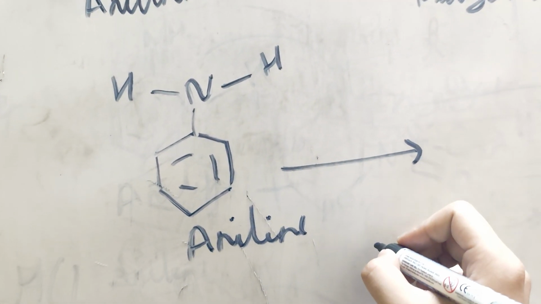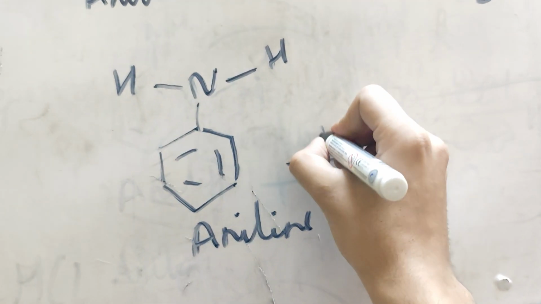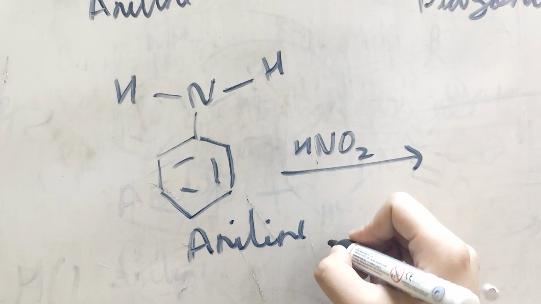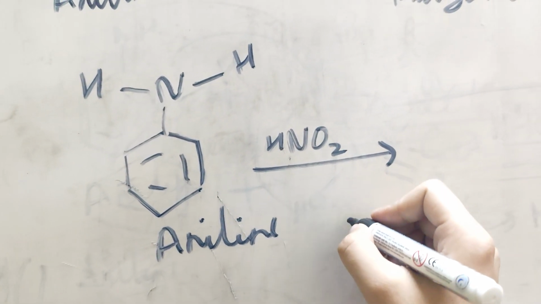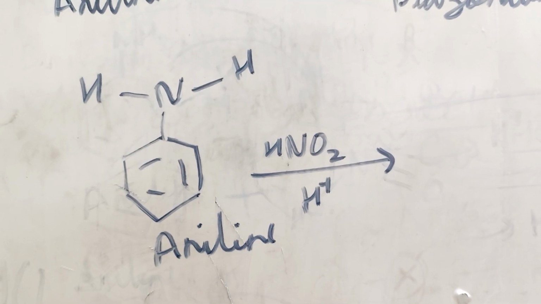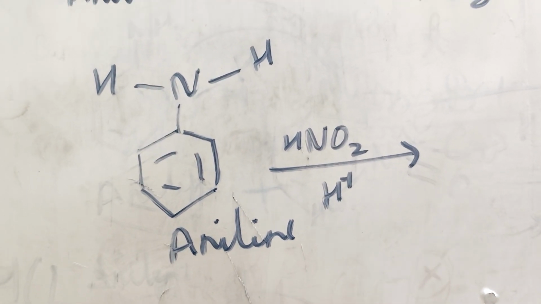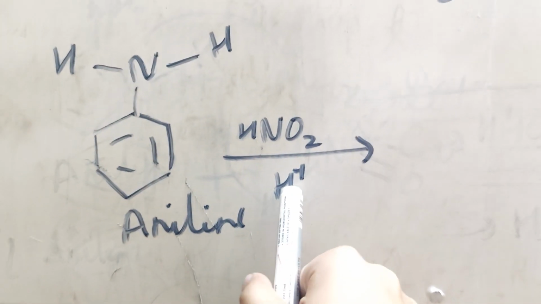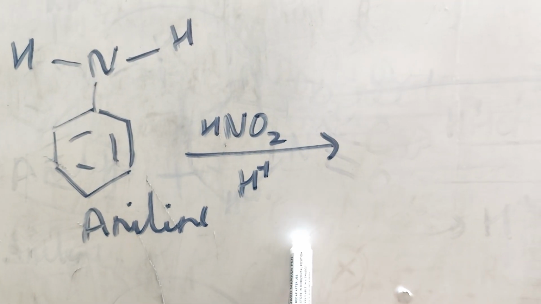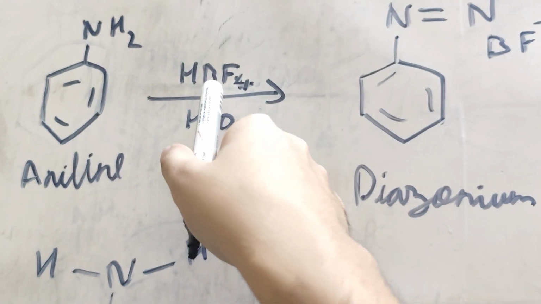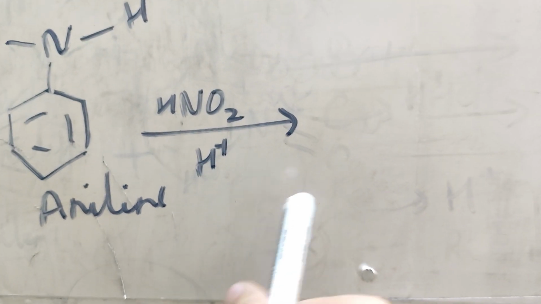It goes forward with HNO2, and H plus. What will be formed will be somewhat like this. This H plus came from the HBF4, so one of the hydrogens from this came here.